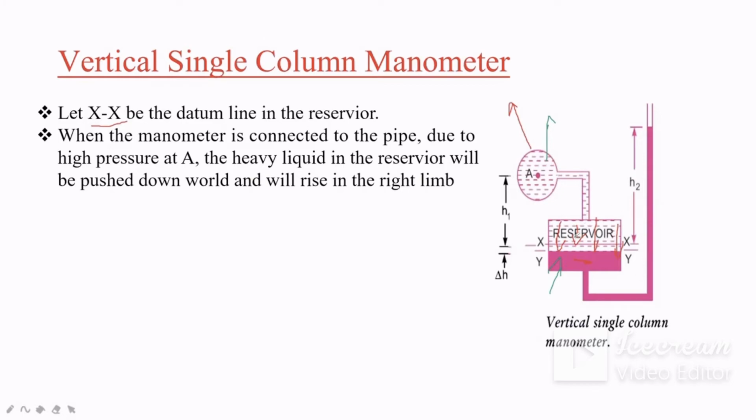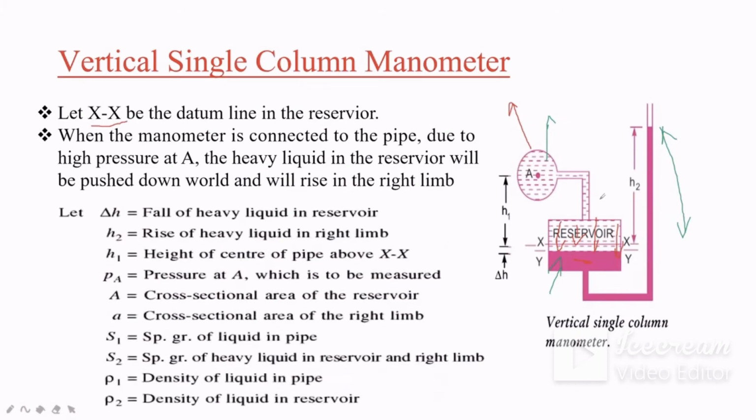Due to high pressure at A, the heavy liquid in the reservoir will be pushed downward, and due to this pushing, H2 will rise. The liquid will rise in the right limb.